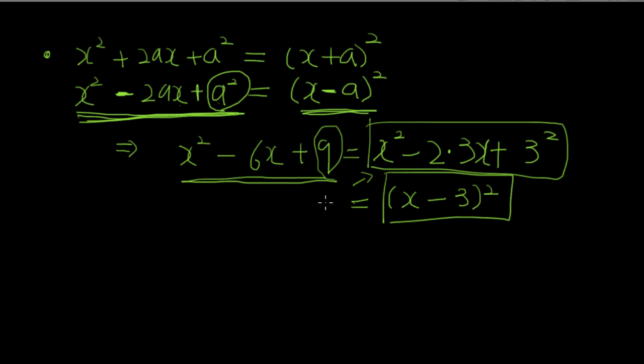So if this was like 8 or 7, which is not one of those square numbers, then I wouldn't think this way. I'd try to figure out some other technique. But since this is a 9, it gives me the opportunity to think of this as 3 squared.